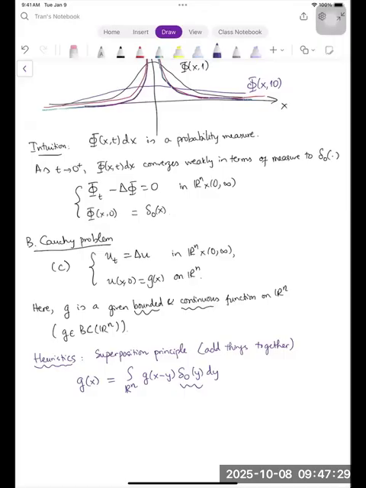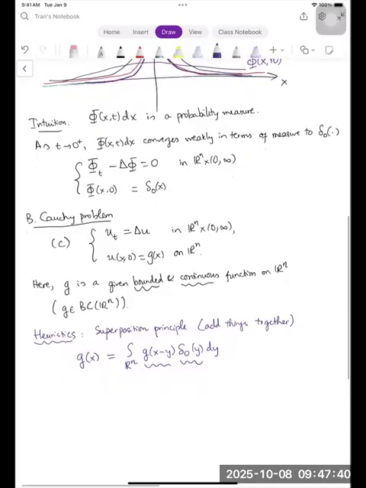So only when y equals 0 is this valid, since g(x minus y) is g(x). That's why we put all the mass at 0. Because of the superposition principle, we can combine the fundamental solution together to arrive at a solution.